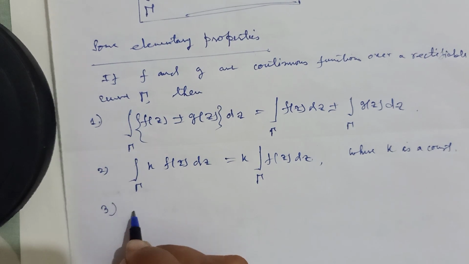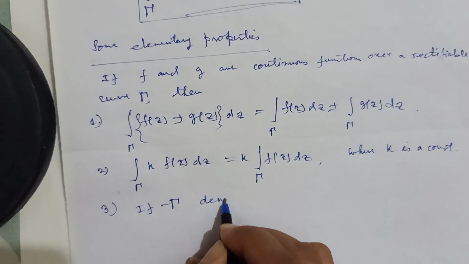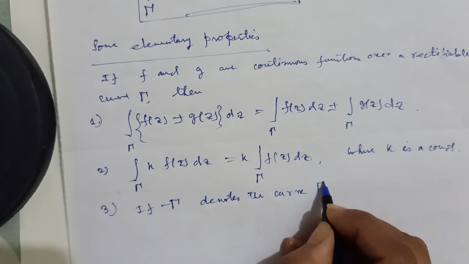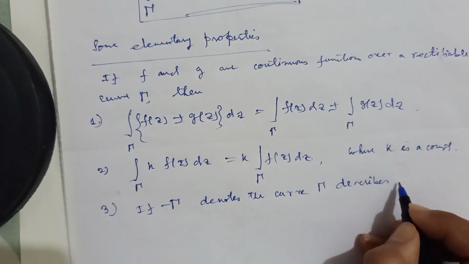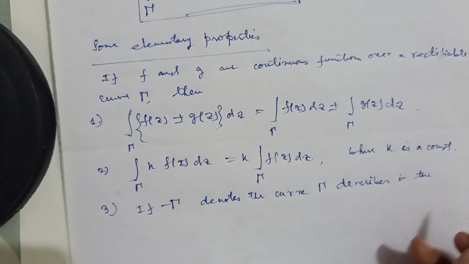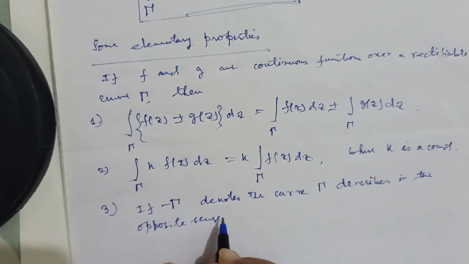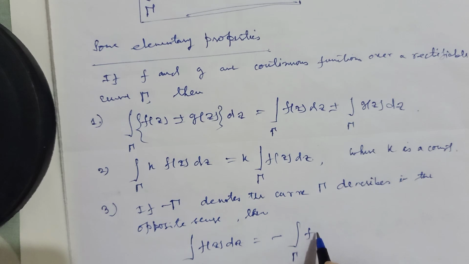And the third is, if minus gamma denotes the curve gamma described in the opposite sense, then the integration over minus gamma f(z) dz equals minus the integration over gamma f(z) dz.